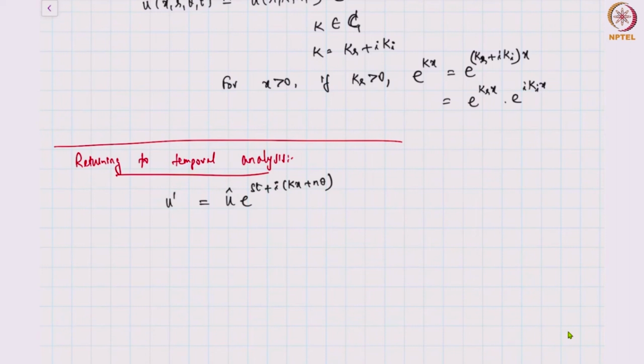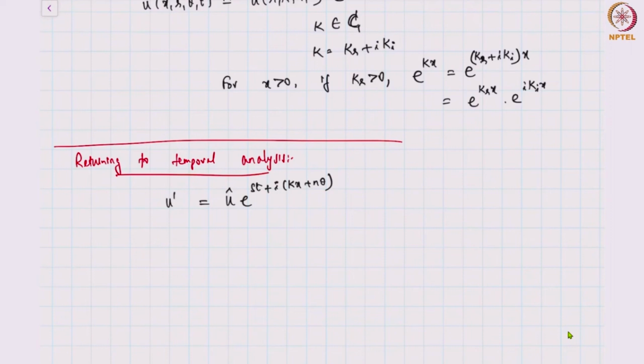Remember, we are working with linear systems now because we have assumed that this u prime is small. Therefore, when I substitute in these linear systems, I can have k going from minus infinity to infinity, n going again from minus infinity to infinity, but we can assume that each of these modes is independent of the others. Because it's a linear system, the final state of the system is a superposition of all these infinite number of modes.